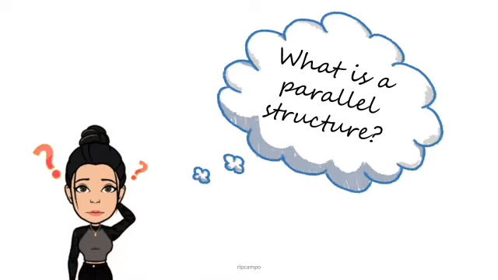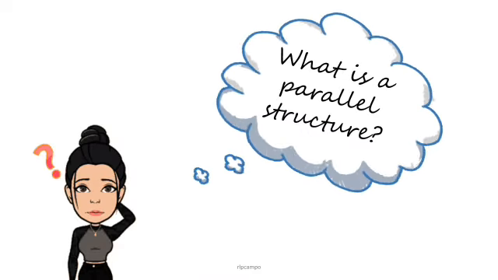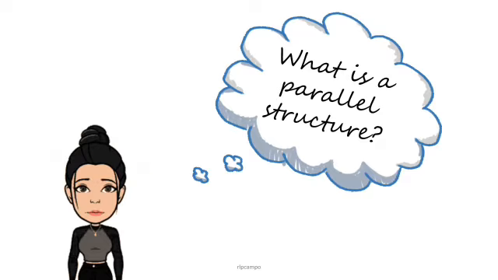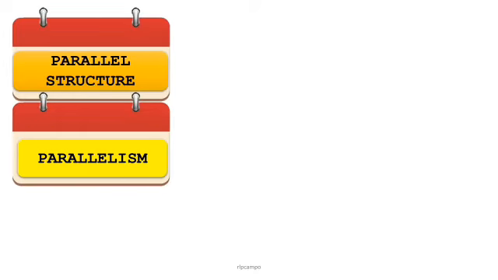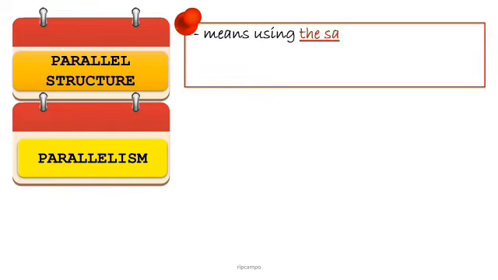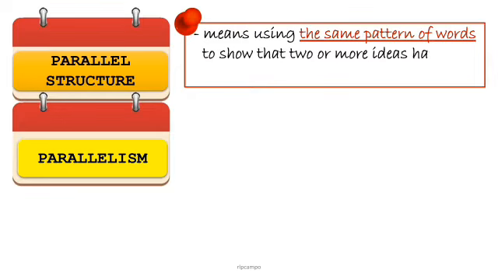So what is a parallel structure? Parallel structure is also known as parallelism. Parallel structure means using the same pattern of words to show that two or more ideas have the same level of importance.